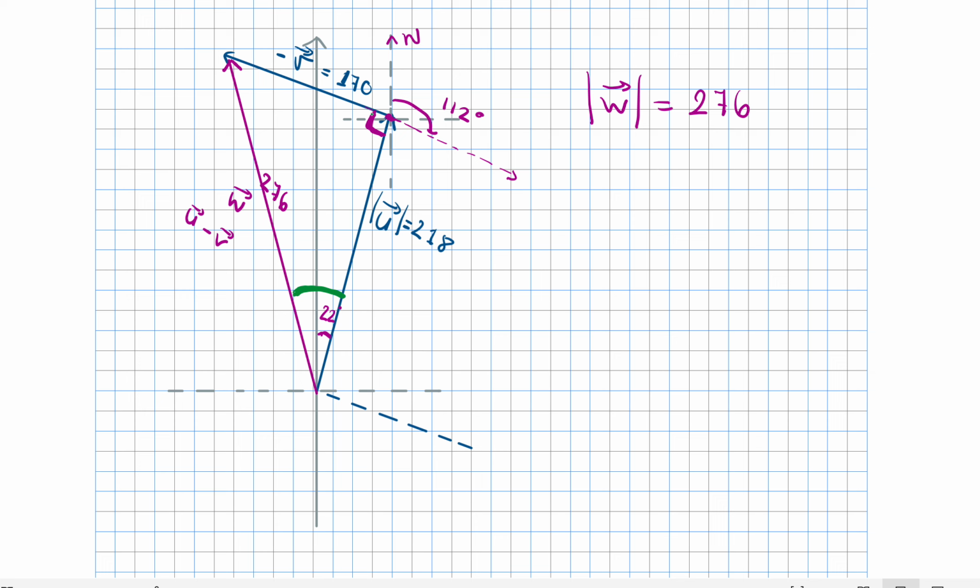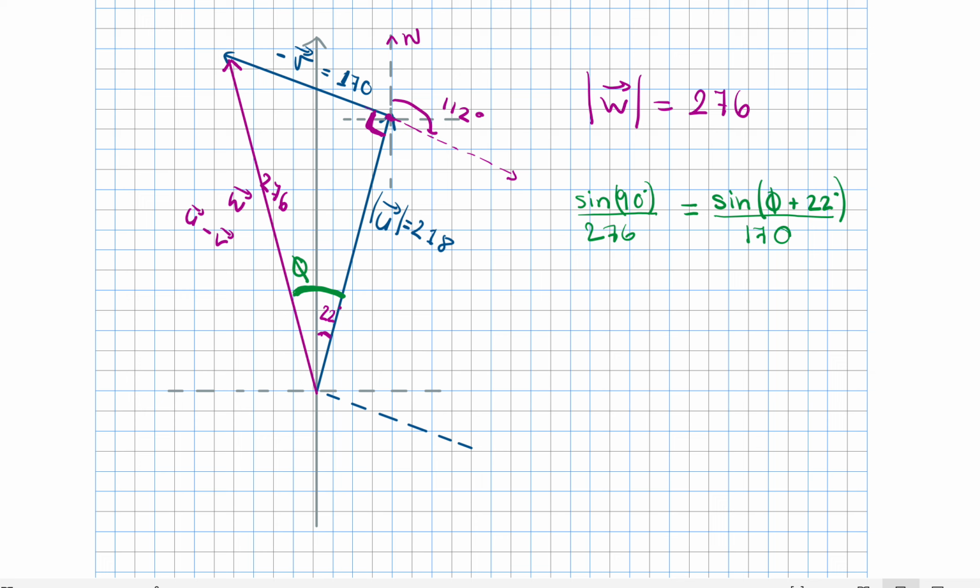So the sine of 90 degrees over 276 equals the sine of, we don't know what that is, right? So I'm going to call it sine of some angle phi plus 22, right? That's the value of that whole angle together for that triangle. And then that will be opposite to the side y 170.